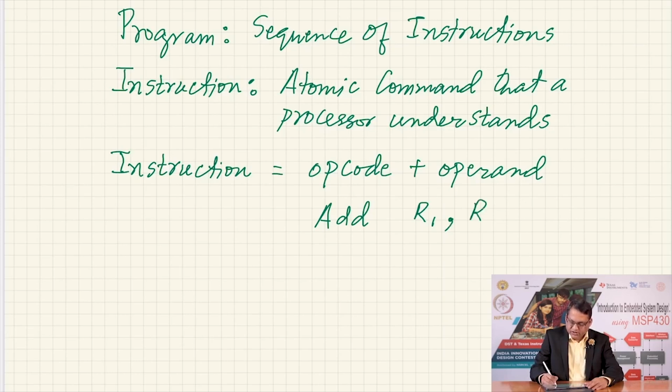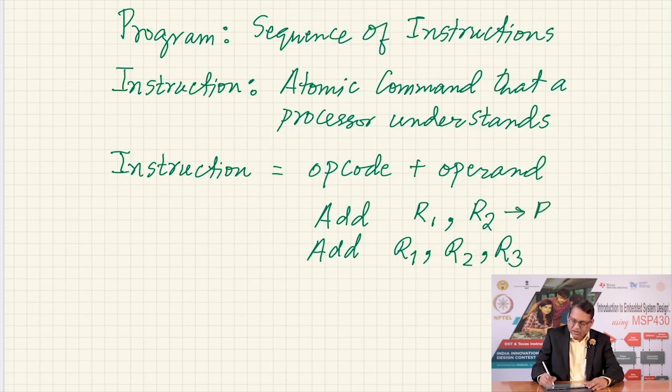Are the two numbers stored in two registers? Or the format could be add R1, R2, R3. If it is of the first type, it means that R1 gets the value of R1 plus R2. And in the second type, it could mean that R1 gets the value of R2 plus R3.